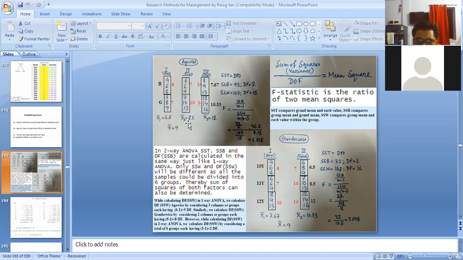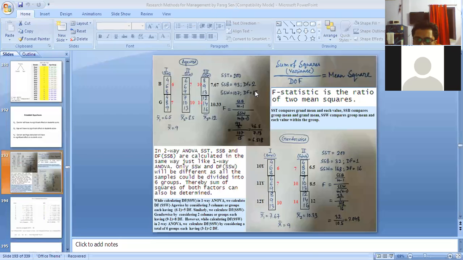Then plus 6 minus 8.5 whole square, plus 6 minus 8.5 whole square, plus 9 minus 8.5 whole square, in this way. Then again plus 8 minus 12 whole square, 9 minus 12 whole square, plus 13 minus 12 whole square. In this way you calculate, and it comes out to be 107 sum of square within.